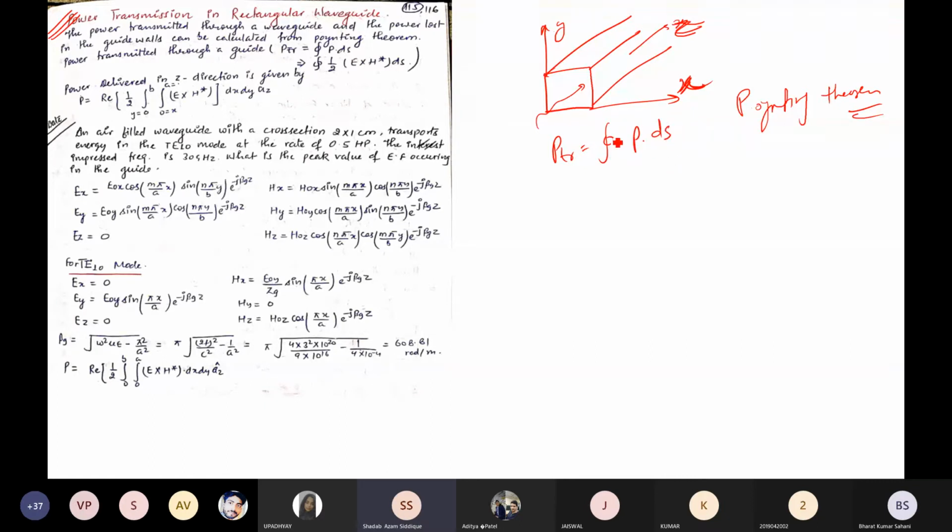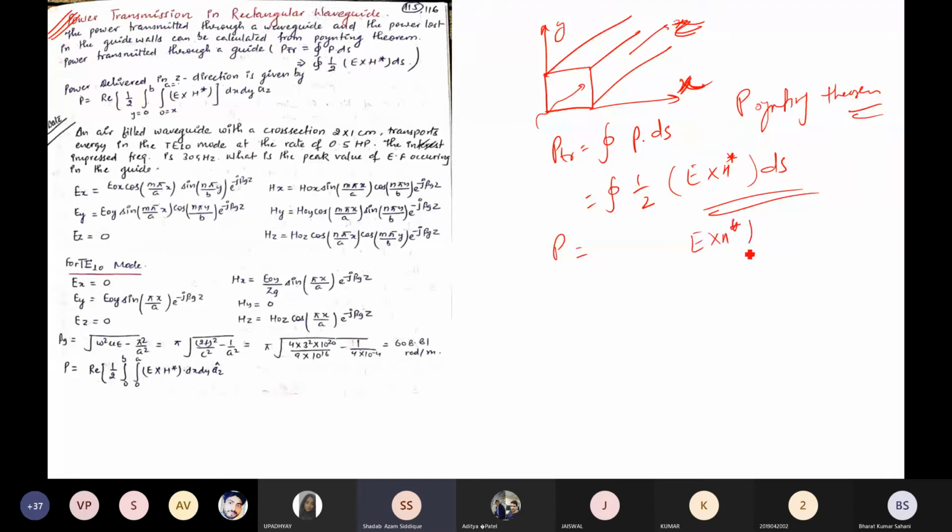Here P dot ds can be written as half into E cross H conjugate into ds. That is the equation written here. The wave is propagating in the z direction, and this is the power delivered in the z direction.